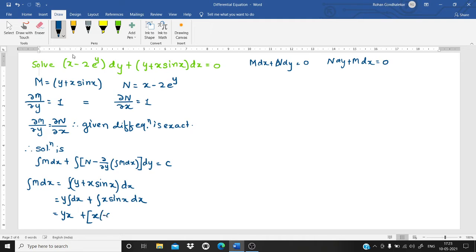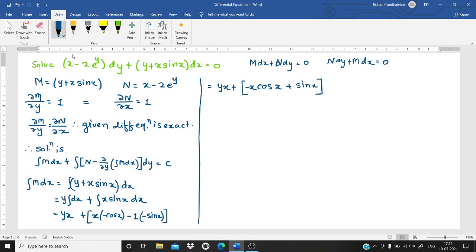Integration of sin x is minus cos x, minus derivative of x is 1, integration of minus cos x is minus sin x. Clear? Okay. So hence this is equal to y x plus minus x cos x plus sin x. So this is integral M dx.